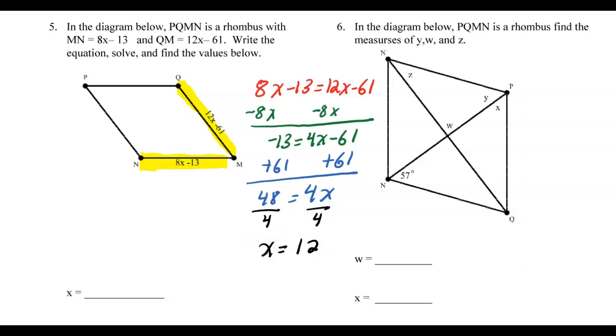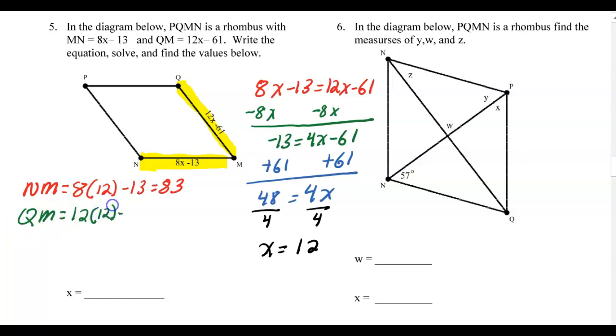Now maybe I want to know the length of NM. If I want to know the length of NM, I would plug 12 in for x, and doing that I'll get 83. Maybe I'll want the length of QM, so I'm just going to check this by plugging 12 in for x in QM.